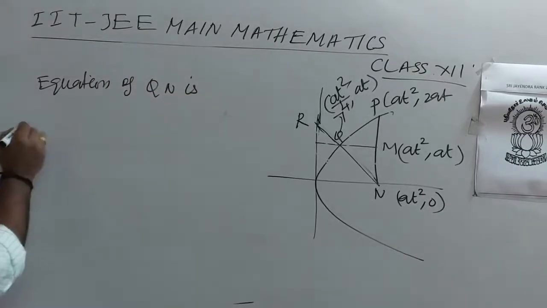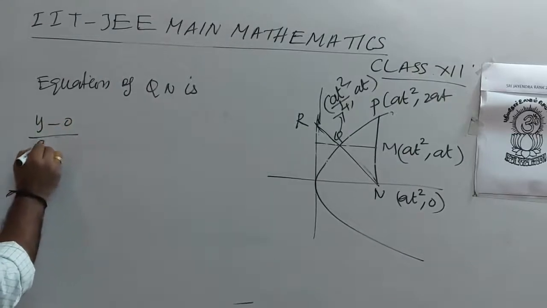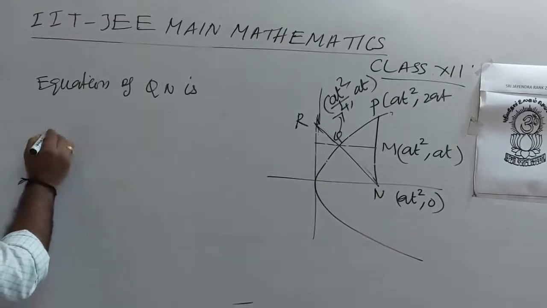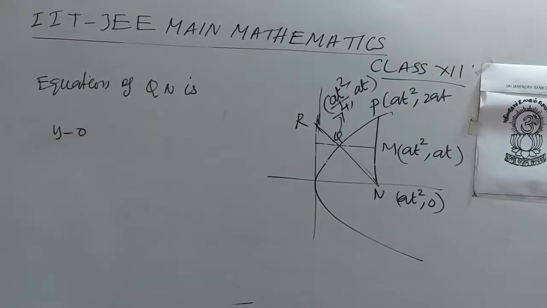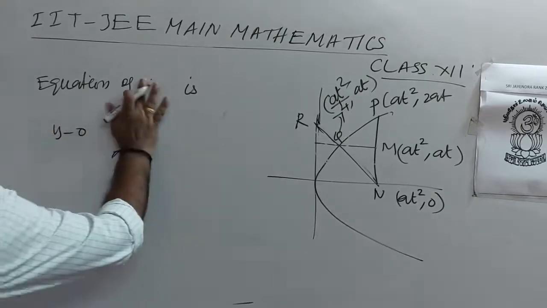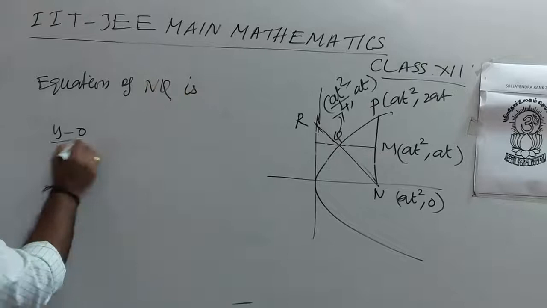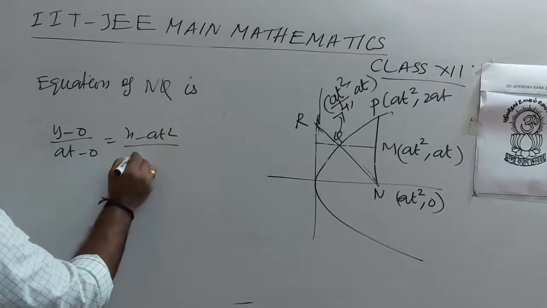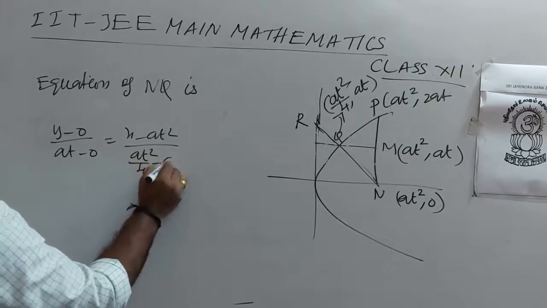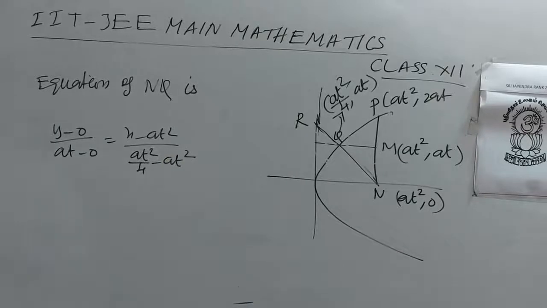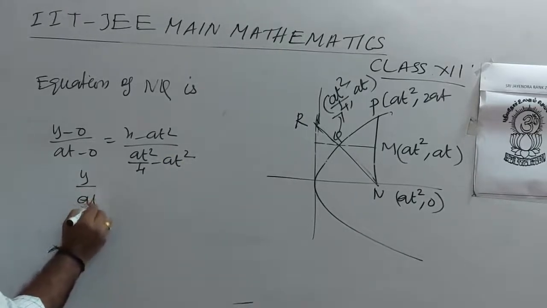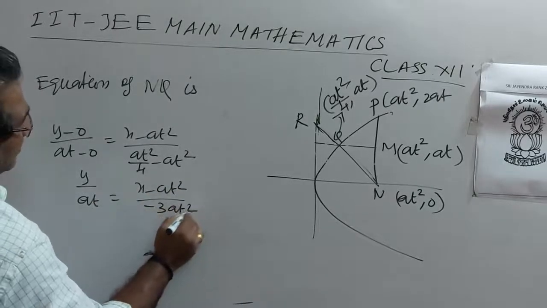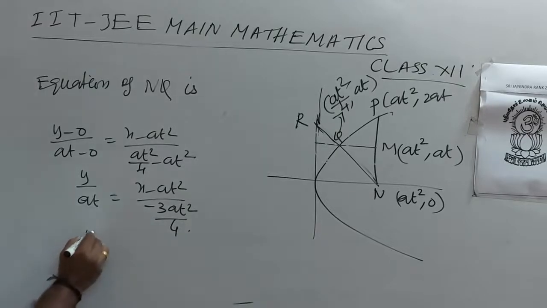Equation of NQ is y minus y1 by y2 minus y1 equal to x minus x1 by x2 minus x1. Y minus 0 by at minus 0 equal to x minus at squared divided by at squared by 4 minus at squared. Y by at equal to x minus at squared divided by minus 3at squared by 4.